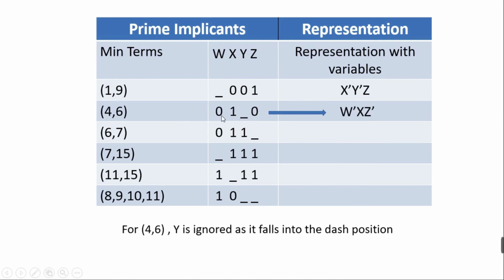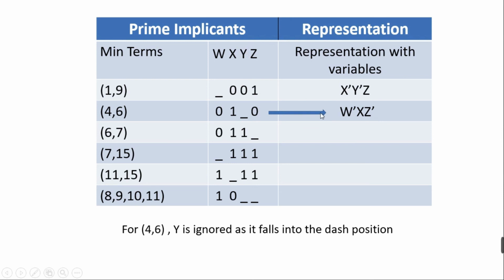Here's the next one, 4 6, which is 01-0. The first 0 is for w, so we write w prime. At the second position we get 1, which is for x, so I have written x. At the third place there is a dash, so we have ignored y completely. Moving on to the last bit we get 0, so we write z prime.